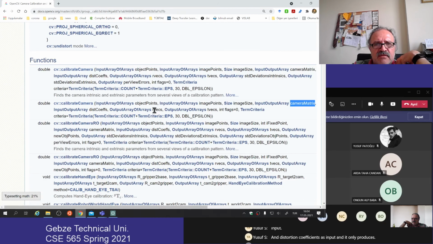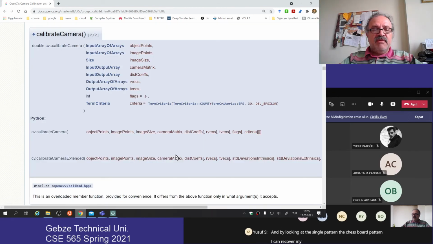Since for the extrinsic parameters, the degrees of freedom is just 6, I don't need many points. Also, by looking at a single image, I can get my rotation matrix plus the translation vector, and by looking at a single chessboard pattern, I can recover my extrinsic parameters very easily.